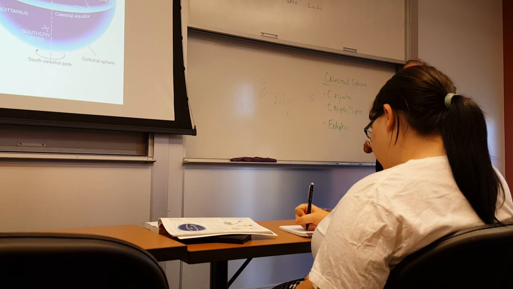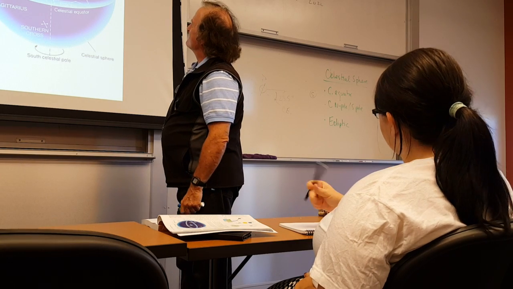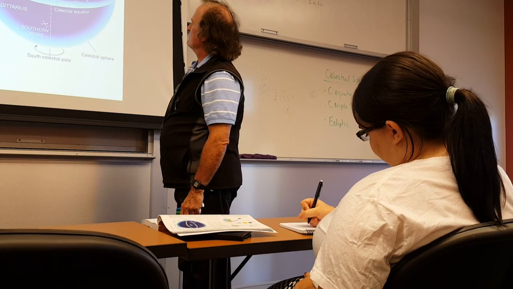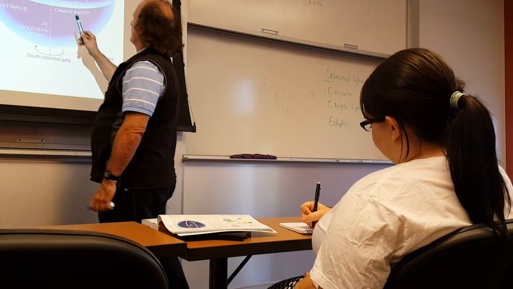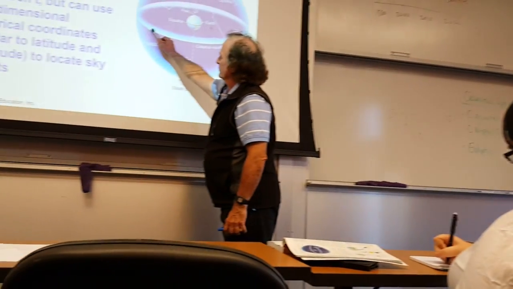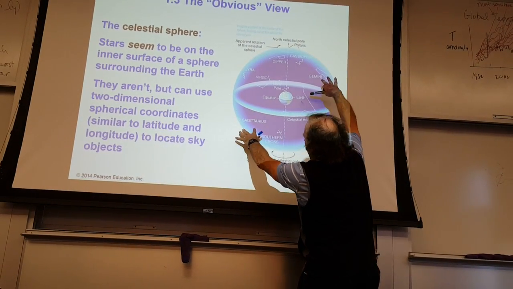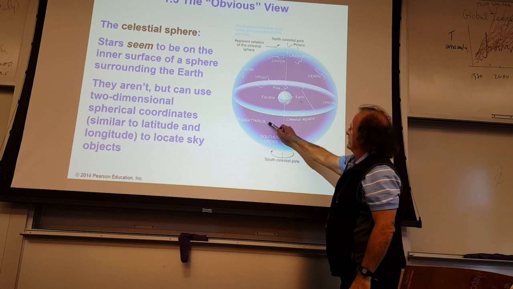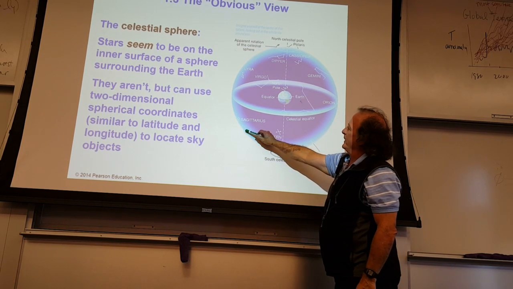Now the ecliptic is at an angle. It's another plane, another great circle, and it's tilted. When it tilts up here, it goes through the equinoxes, basically the sun's path.